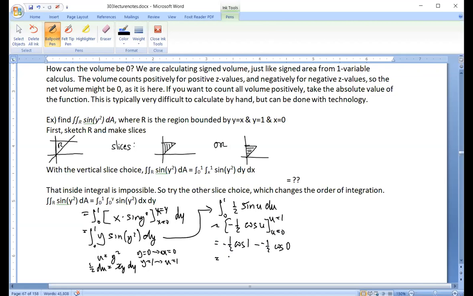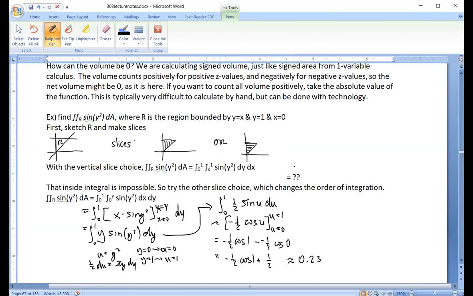That winds up giving us negative 1/2 cos 1 plus 1/2, which, if you're curious, is approximately 0.23.